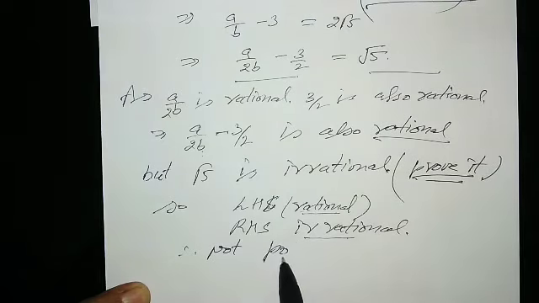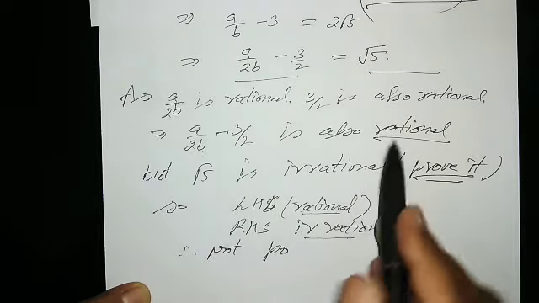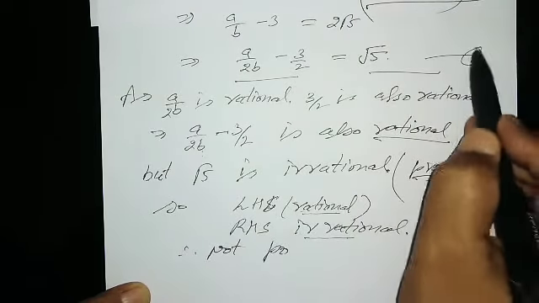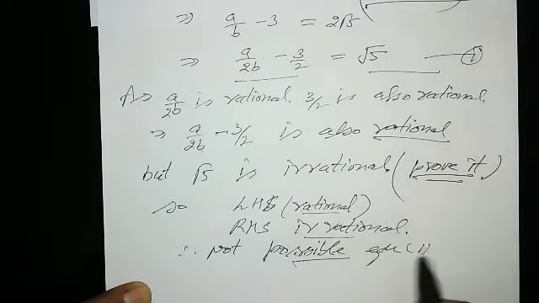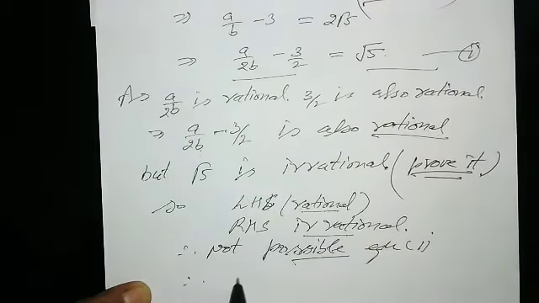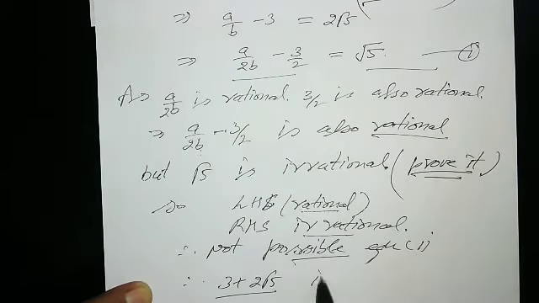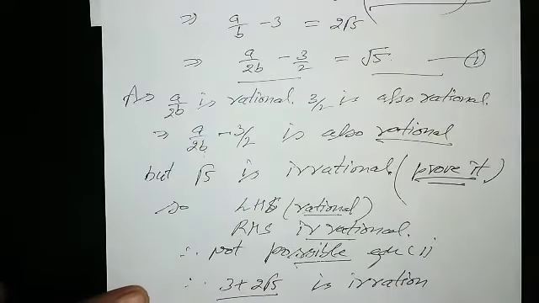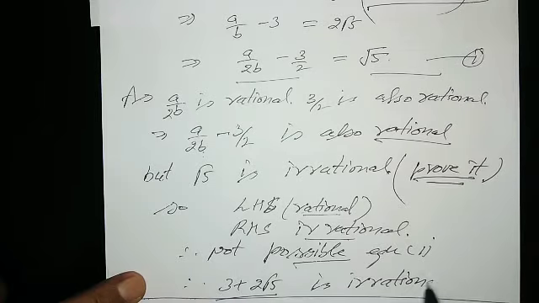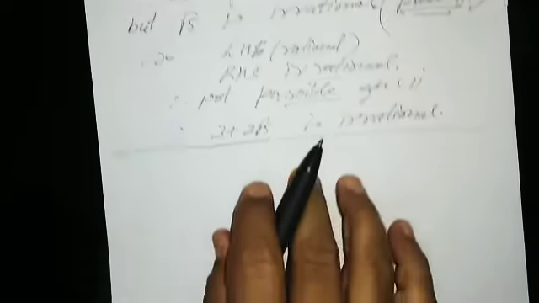So the possibility of equation number 1 is not possible. Therefore 3 plus root 5 is irrational. Right? So that is the answer.